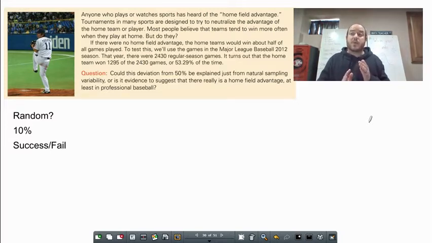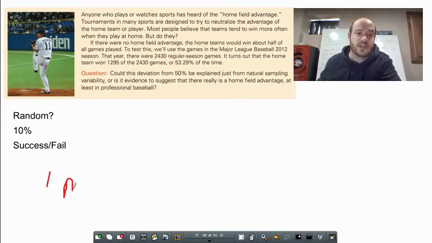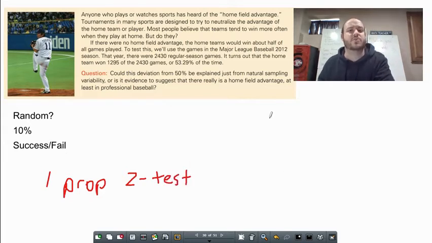Now, remember, we're not actually going to check these conditions until we pick a test, but we're going to go ahead and just pick the test right now, because the only one we've covered so far is our one proportion z-test. Now, how would I know that this is a one proportion z-test if we had other tests in our tool belt right now?